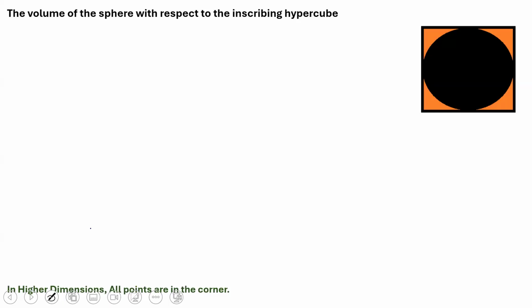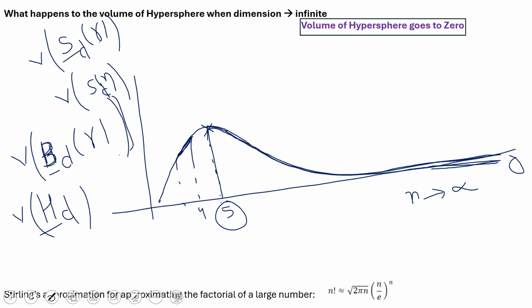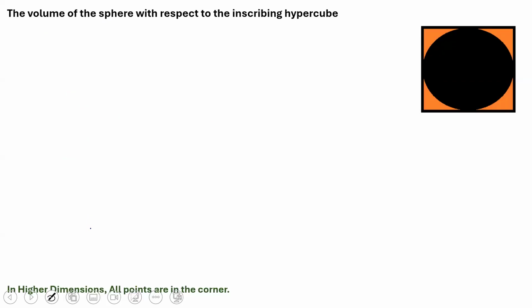We cannot believe that the volume of a hypersphere will go to 0 in higher dimensions, when the volume of a hypersphere at 4 dimensions is around 4.19. How can it go to 0 at higher dimensions? You cannot believe it, but that is what you have to believe, and that is how the system really is. And this is another interesting observation which you will find out.